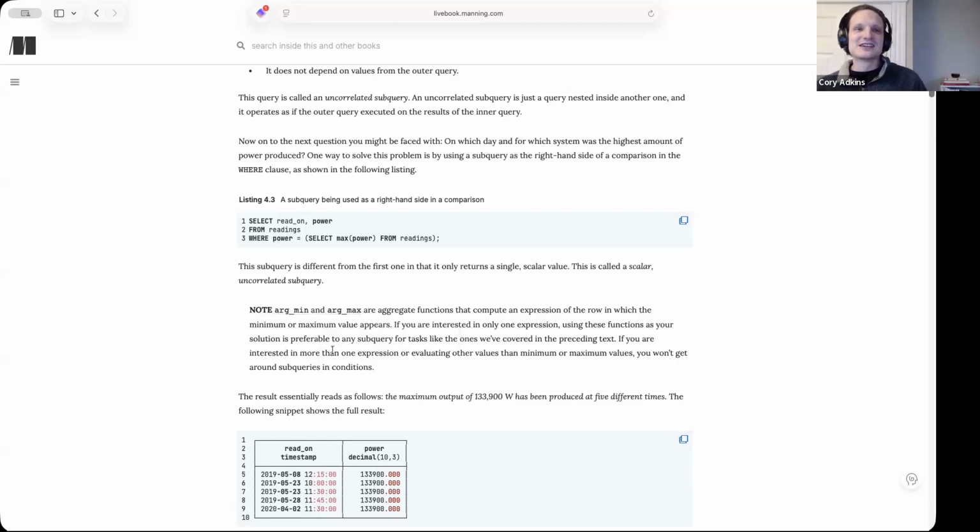So argmin, I guess, will give you essentially the row that contains the minimum or maximum for that variable. And I think that will return a scalar, I'm pretty sure.